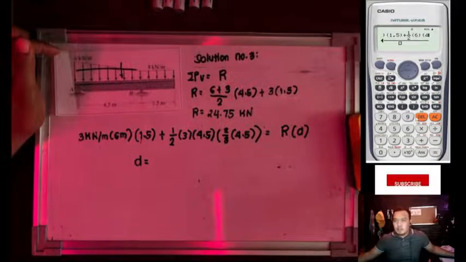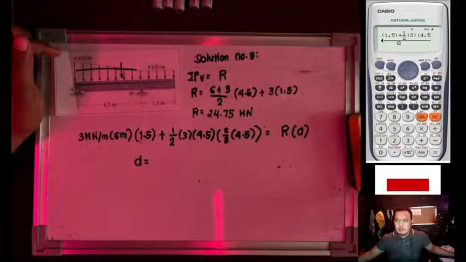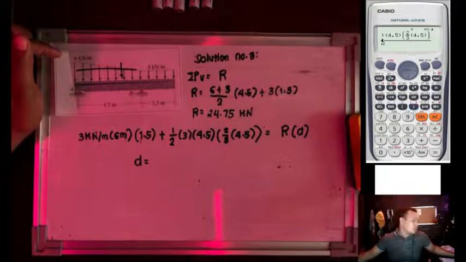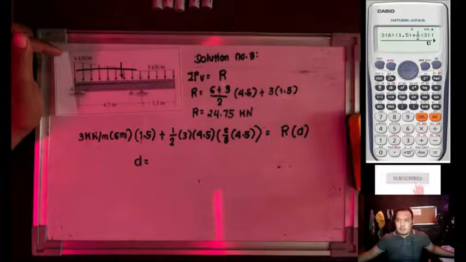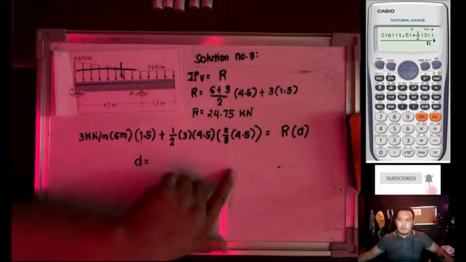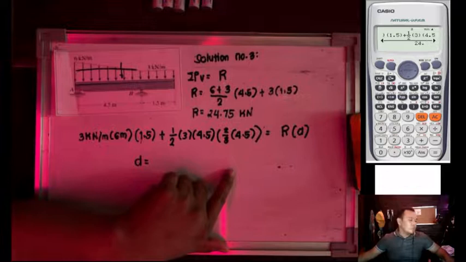Times 3 times 4.5 times the distance, which is 2/3 of 4.5, equals, over our R which is 24.75.